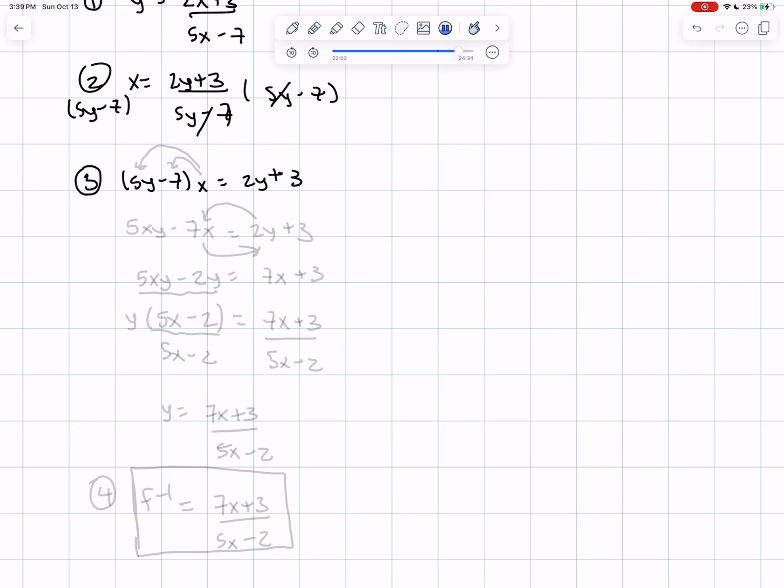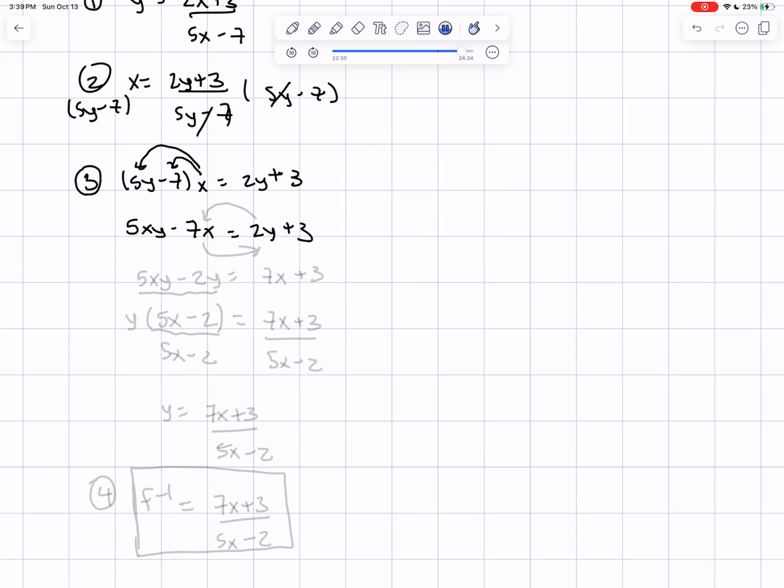So this guy is gone. Technically, I should have not written that. So now we're left with the LCD being on the left-hand side only. And now we can distribute that x into the LCD. So you get 5xy minus 7x equals 2y plus 3.